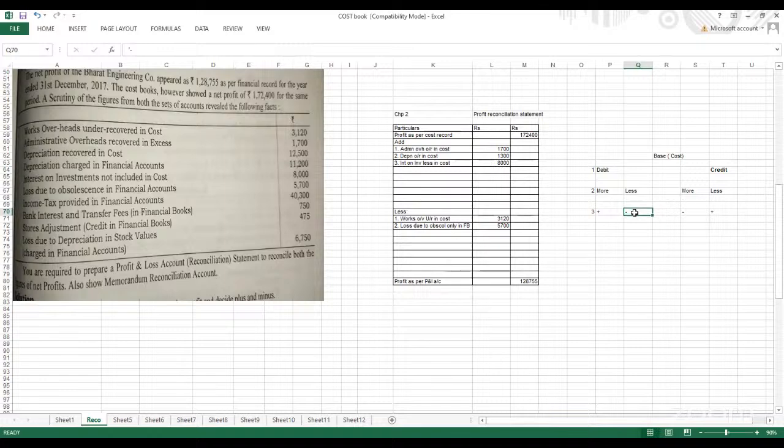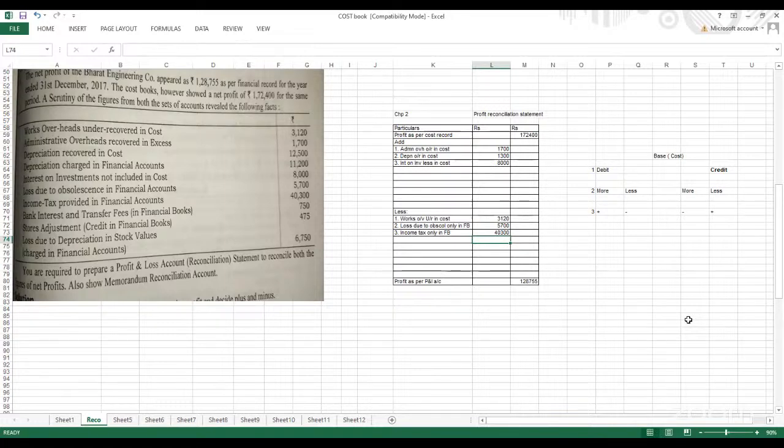So its effect will be less. So under less we will write third, income tax only in financial books. Okay, how much? 40,300.